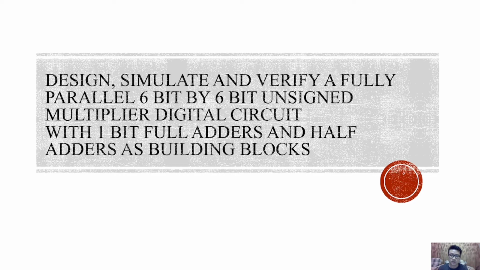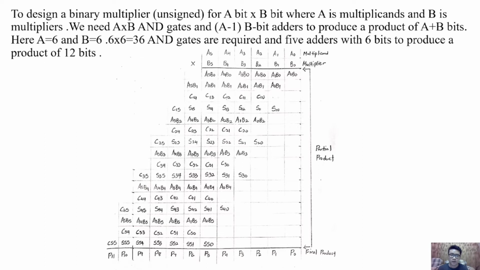Before we design the multiplier, we need to do the multiplication. To design a binary multiplier for A bit times B bit, where A is the multiplicand and B is the multiplier, we need A times B AND gates and A minus 1 B-bit adders to produce a product of A plus B bits.